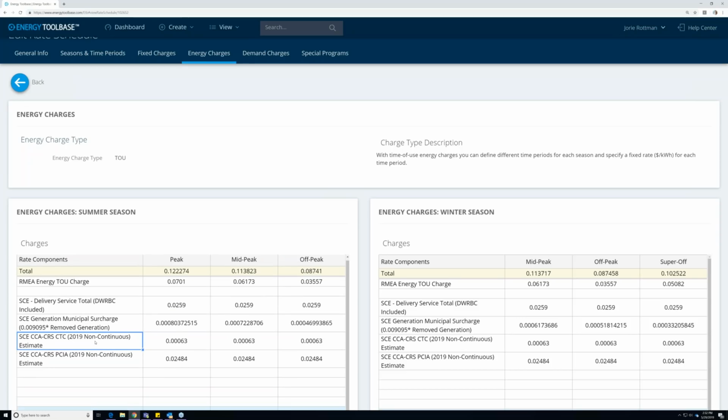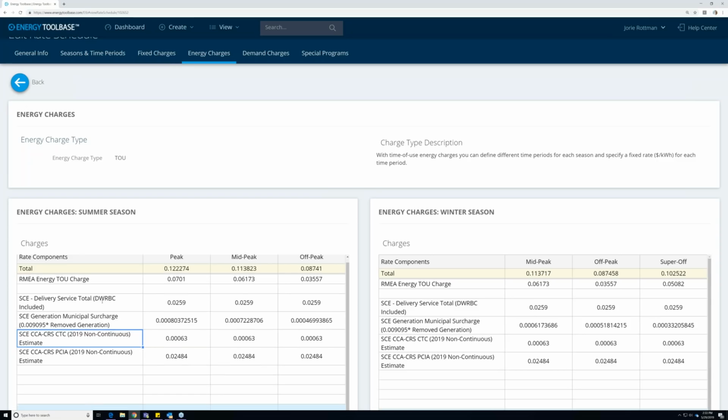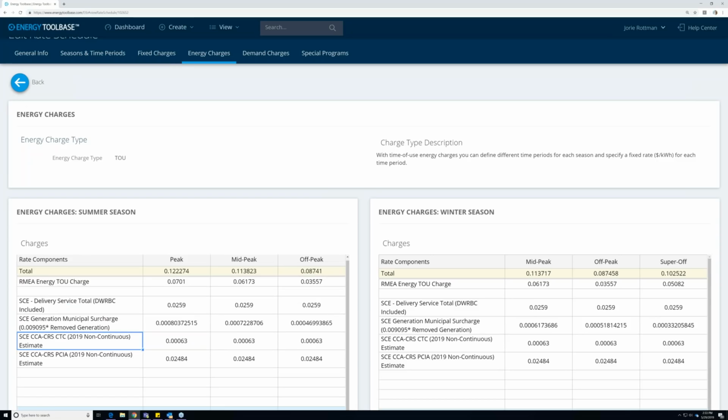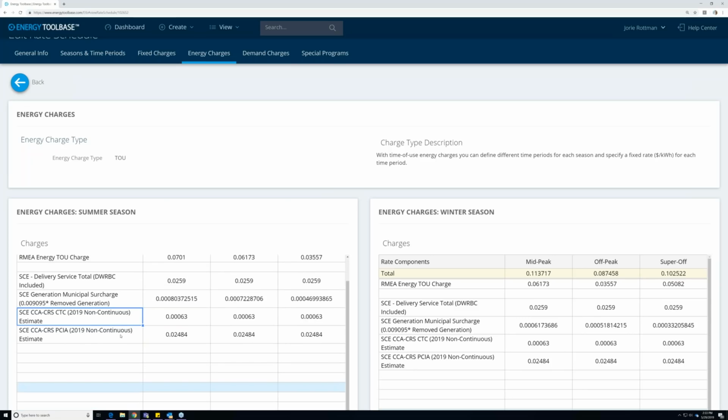So again, as you'll see here, we list the Rancho Mirage Energy Adjustment as the first charge, and then we have SCE's charges below. SCE doesn't bundle and give a generation credit, so we strictly just apply the delivery total. And the DWRBC is already included in that portion, so that's not really considered the additional charge we list underneath.